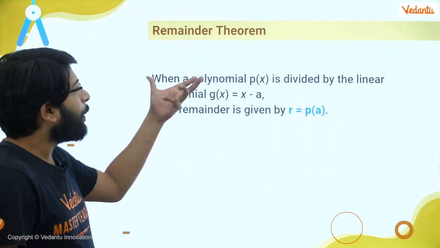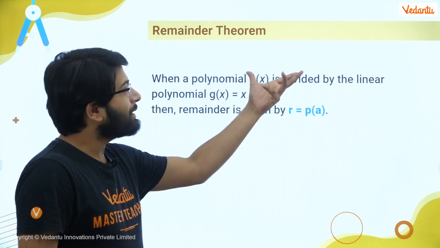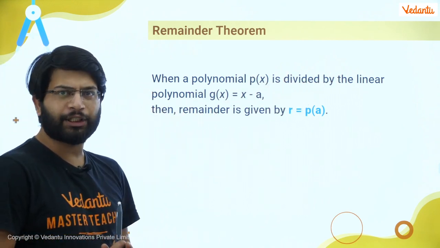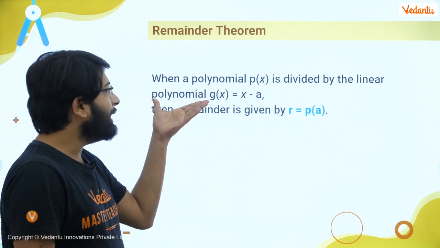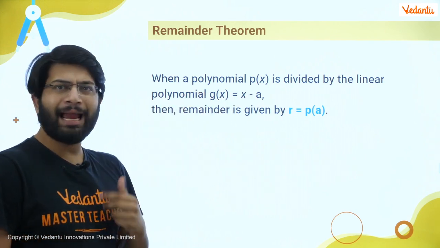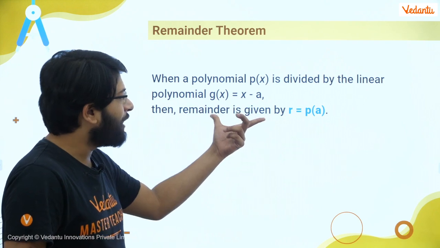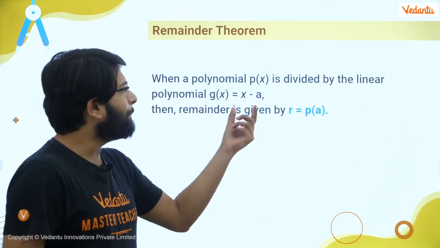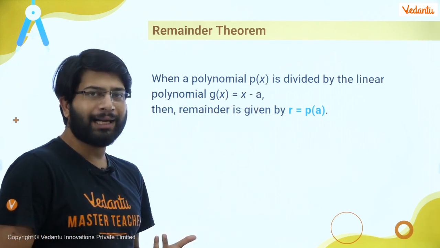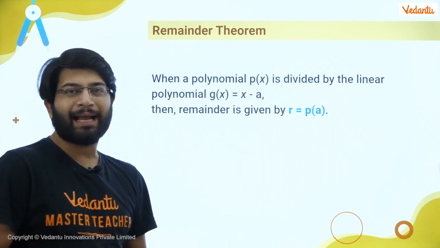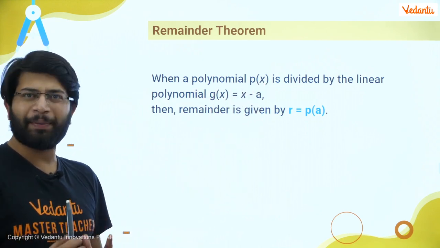When a polynomial p(x) is divided by a linear polynomial, a very important condition, divided by a linear polynomial g(x), x minus a, in that case, the remainder can be found how? Simple, p(a), right? If I put x equal to a in the polynomial p(x), I will get the value of the remainder.